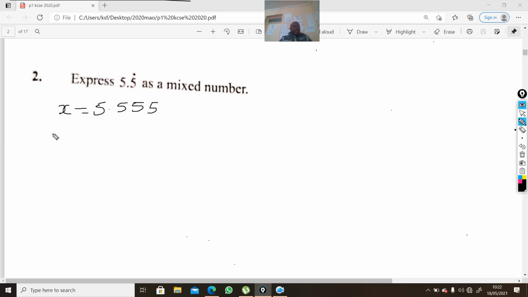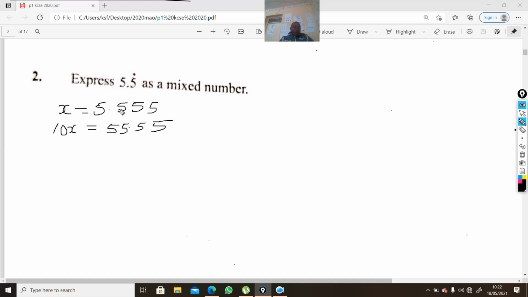Then you talk about 10x. If x is that, what about 10x? 10x will be equal to, you multiply this by 10, it will move one decimal place to be 55.55.